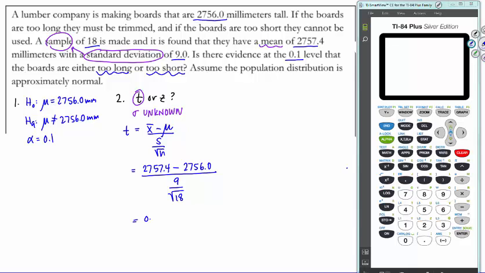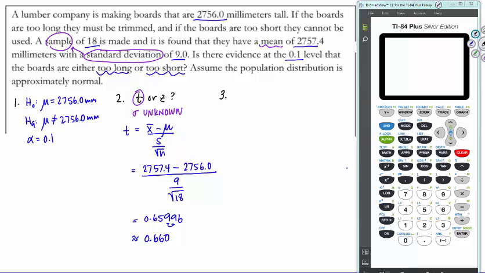This works out to be 0.65996, or about 0.660 to 3 decimal places.